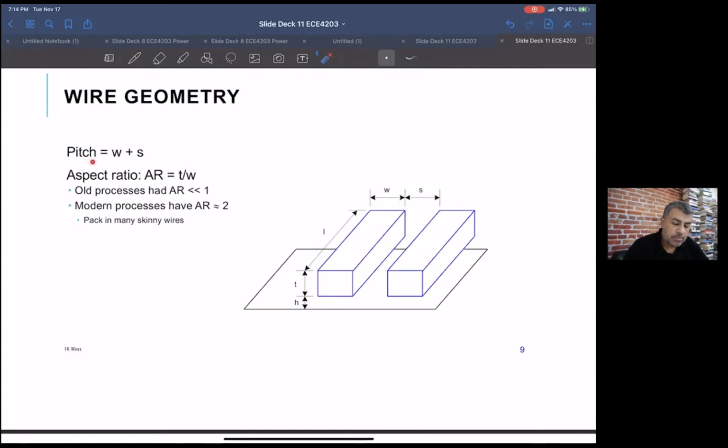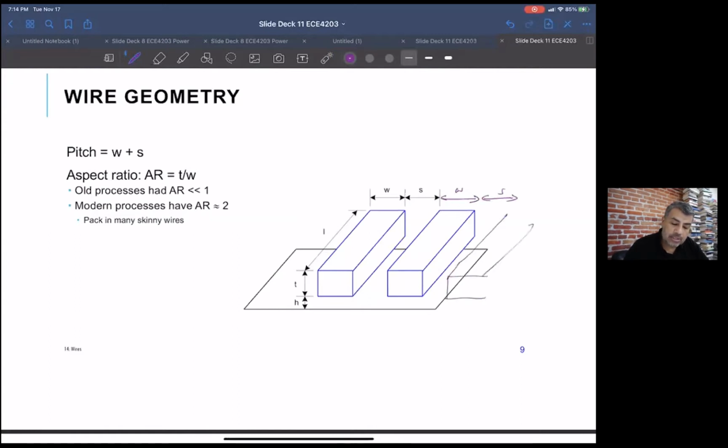We talked about the pitch before, but it's basically the period in space where you can repeat a wire. So it's the width plus the distance, and then you can put another wire here, in that same width plus same separation.